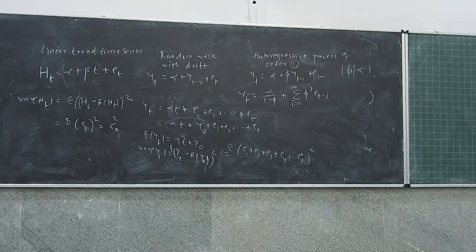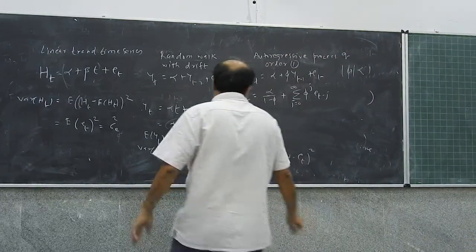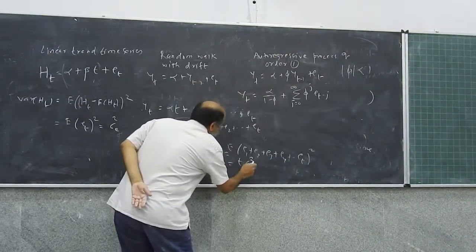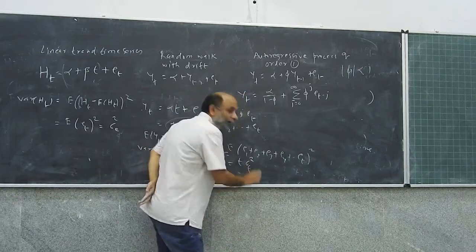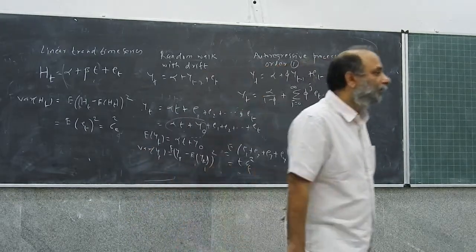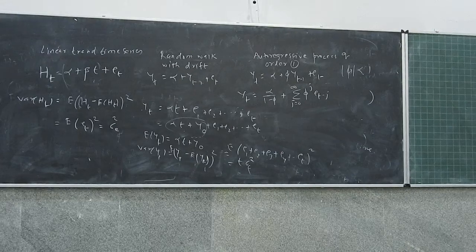Each of these expectations of E squared is sigma square. So this will be T sigma square, right? Sure?